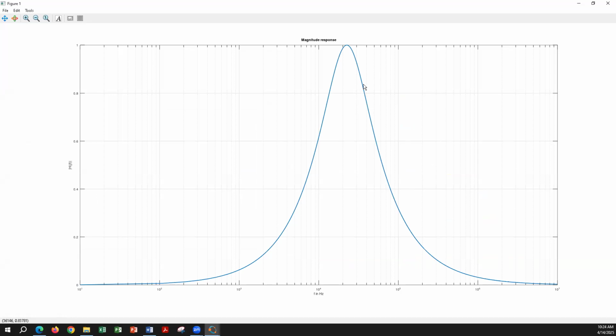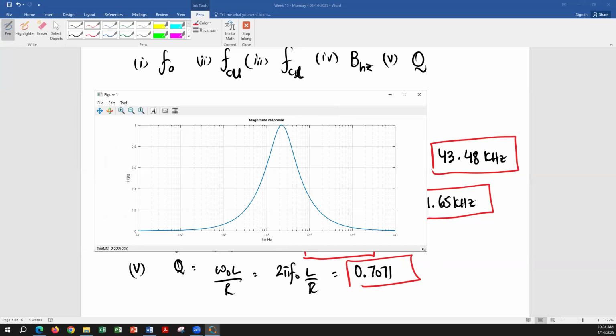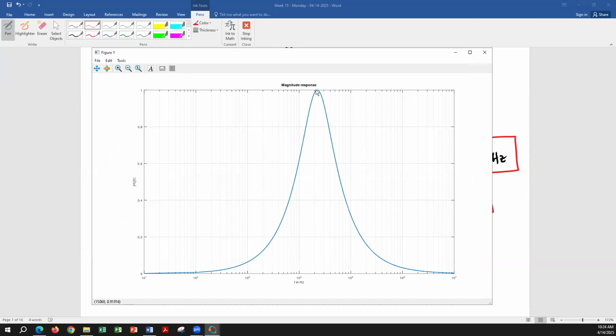22.5 kilohertz center, and then I have 0.7071 Y value, 0.707 somewhere here, and the X value is 11.48 kilohertz, which is the lower cutoff frequency.